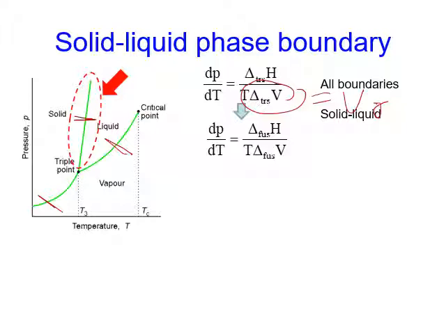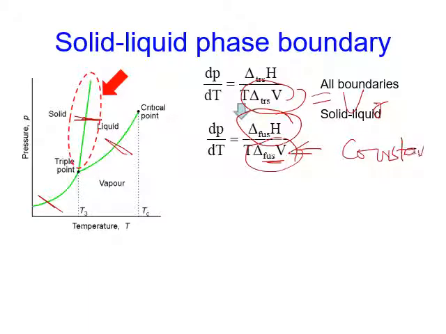We have to derive a separate equation for the solid-liquid phase boundary. In this case, the enthalpy change is called the fusion enthalpy, and the volume change is called the fusion volume change. Now, even though the volume change cannot be approximated by the volume of the gas, we notice that this is a constant.